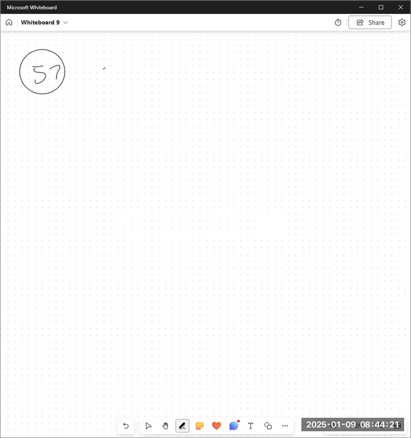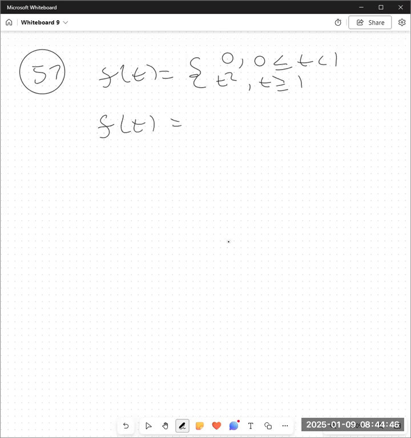All right, my f of t is equal now in 57, 0 for 0 less than or equal to t less than 1, and t squared for t greater than or equal to 1. So my f of t is going to be equal to t squared unit step function t minus 1.